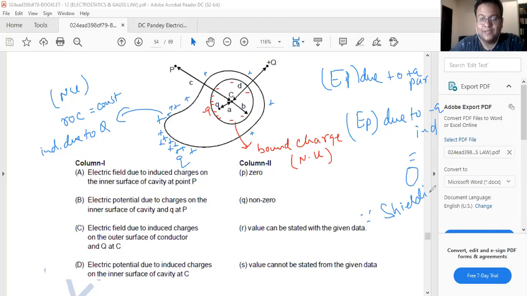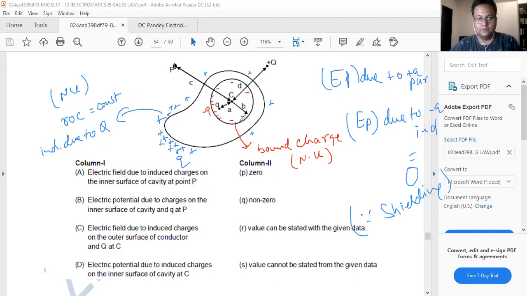Okay, why is this correct? Because of shielding. The conductor stops any communication between the outer world and the inner world. So whatever the account of the inner world is must be closed within the inner world. So at point P the electric field because of the inner world should be 0. Electric field due to the outer world is fine, but because of the inner world the net electric field will be 0. Okay, so electric field due to the minus Q charge was asked, so that will be non-zero.